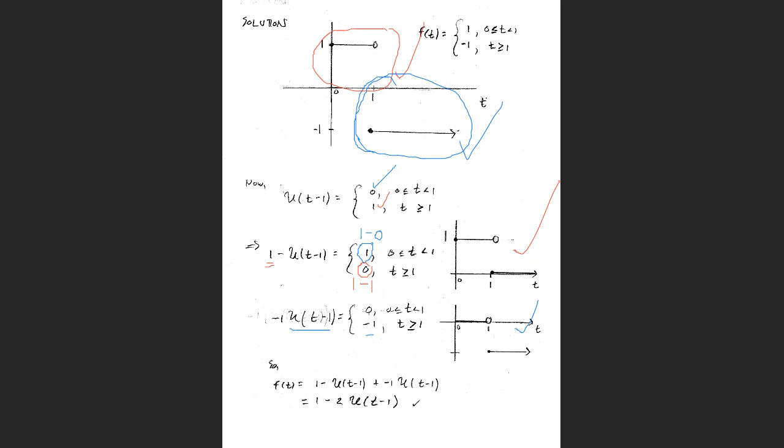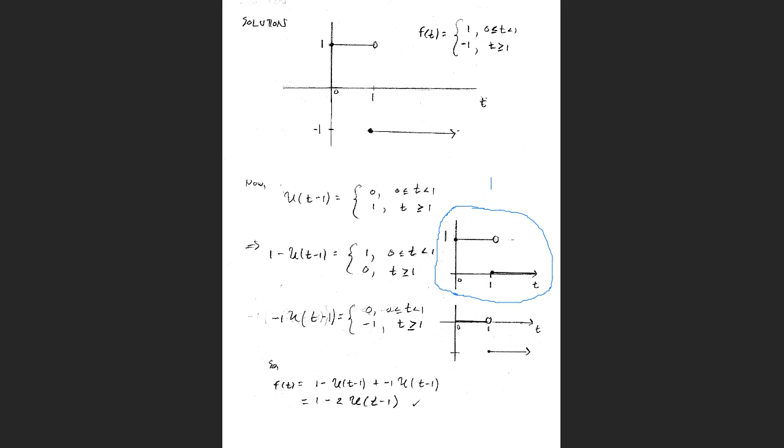So the idea is this. What if I were to take this function here, I'll call it function 1, and if I were to add to function 1 this function 2?